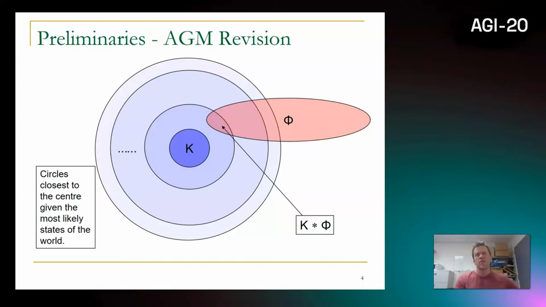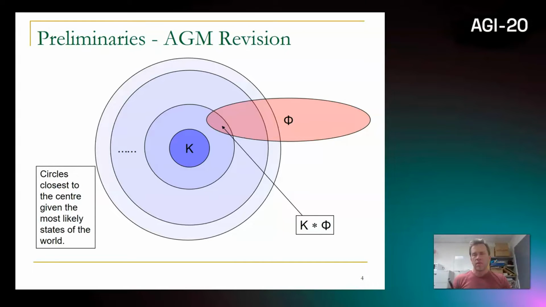So I'll just say quickly, the theory of belief revision, the dominant approach, is called AGM revision. And this picture won't make a lot of sense, but the idea basically is anytime a rational agent revises their beliefs, what they really need is an ordering over all the possible configurations of the world. So they have the things they believe most likely in the middle, and then they get successively less and less likely things they believe.